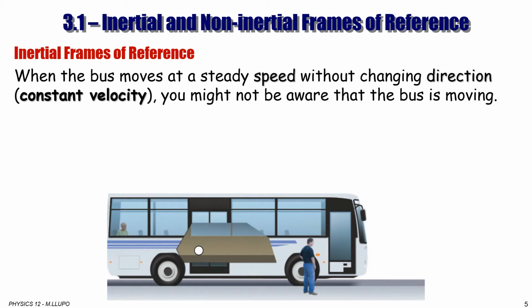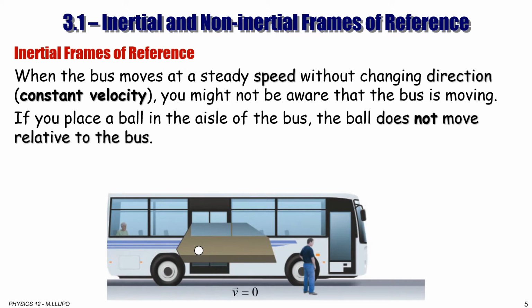So if you have a bus and a ball on the floor of the bus, you see that the ball is not moving relative to the bus. So velocity is zero. If the ball is not moving and the bus is not moving, that is the same for the person inside the bus and for a person outside the bus.